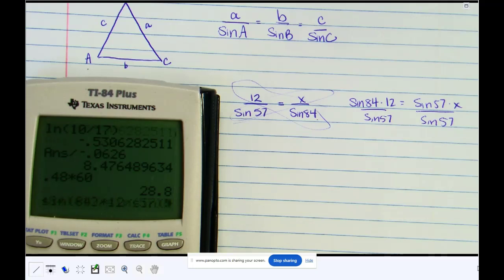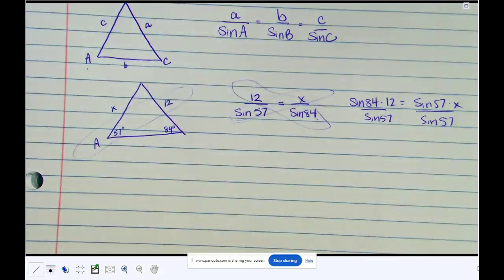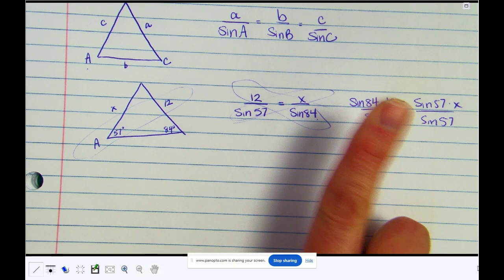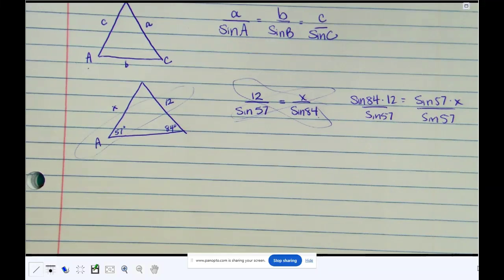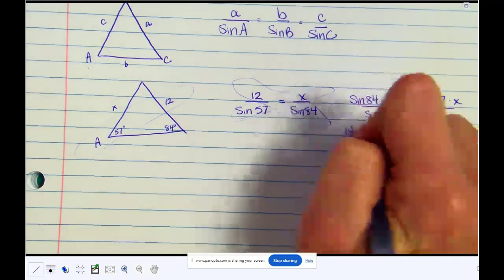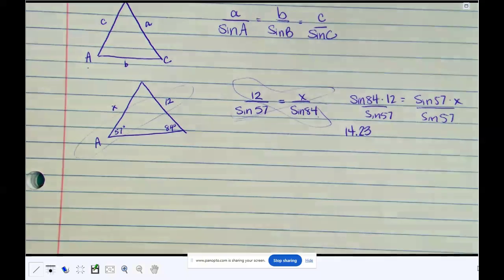Put it all in one step in your calculator because your calculator can handle it. Just make sure that you close the parentheses after the sine of 84. What do we get? 14.23, right? 14.23 229 though.